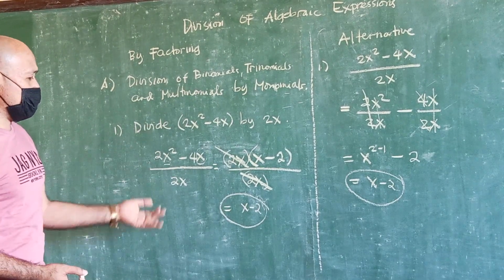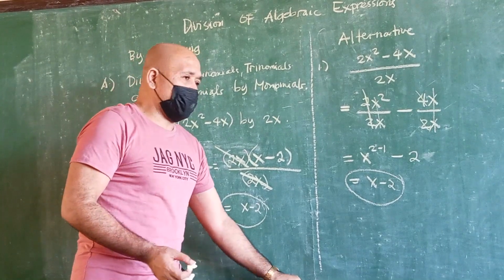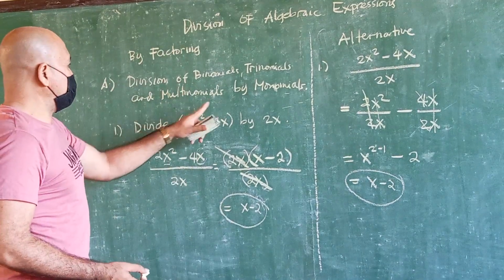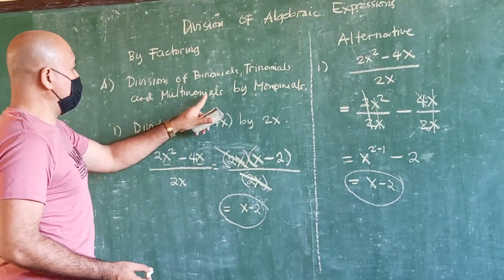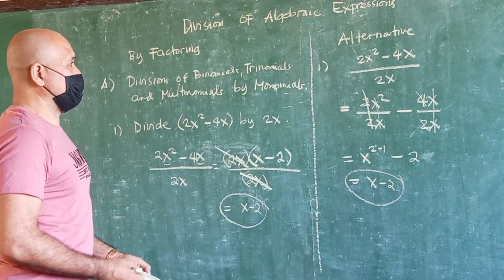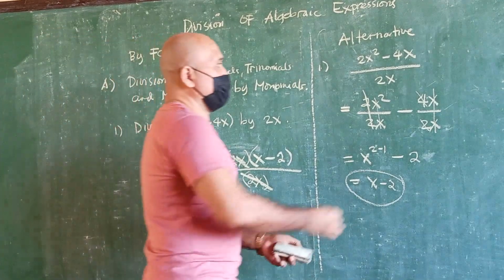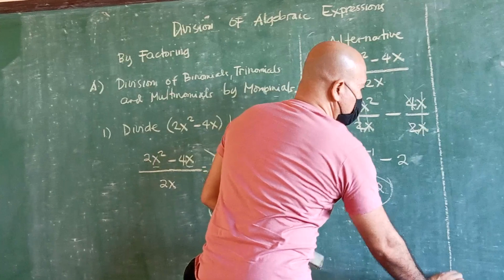Okay, so this is just an example of how you are going to factor out if it is a binomial, trinomial, division of binomial, trinomial, multinomial by monomials. Okay, so another example under this.